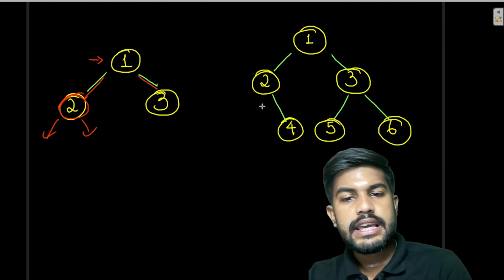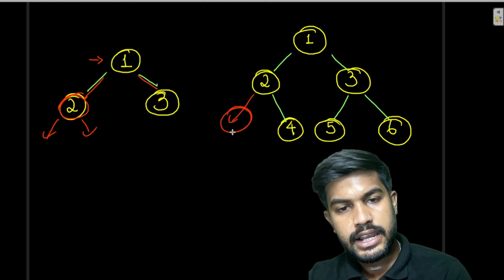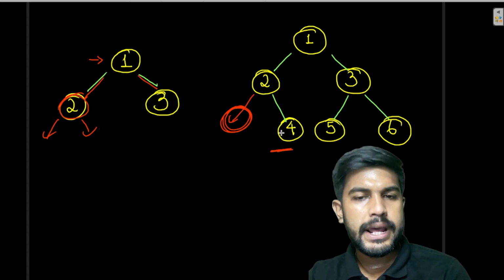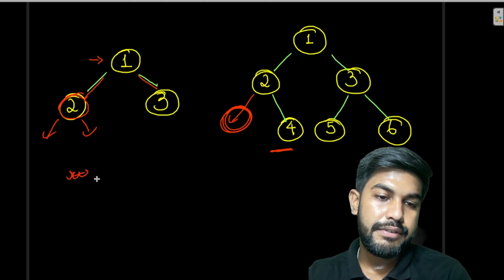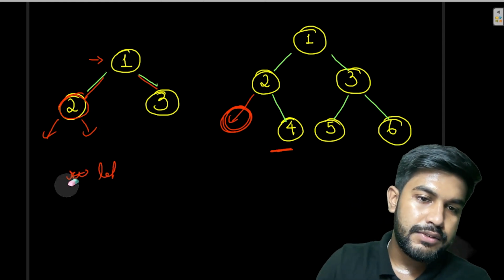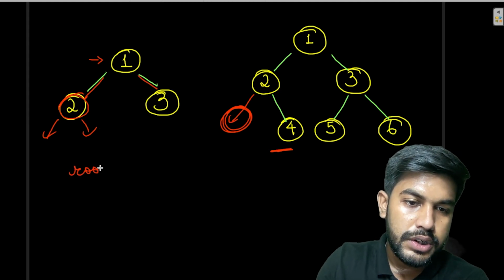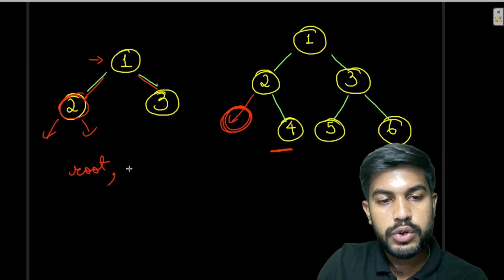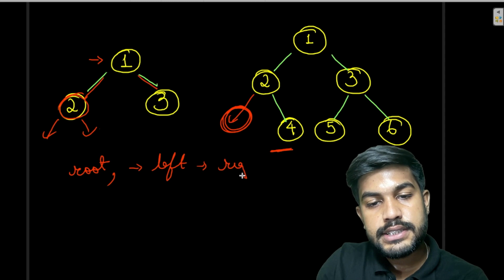Now, suppose every traversal technique starts from the root. From the root, I would first go to the left hand side and then I would go to the right hand side.